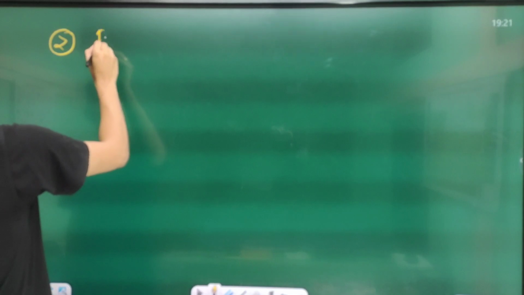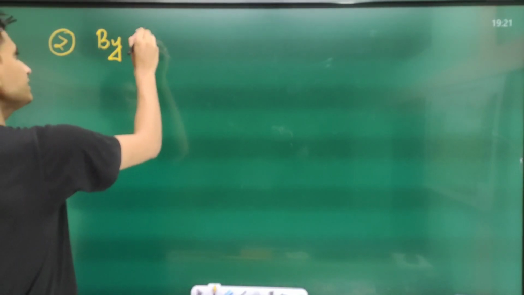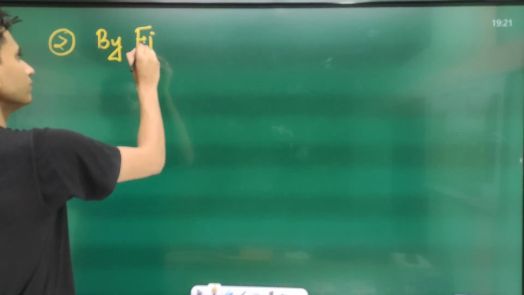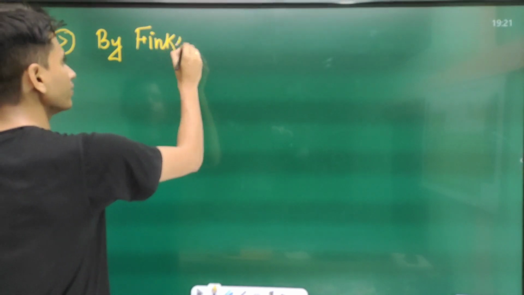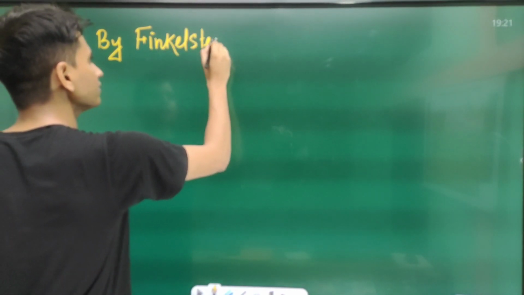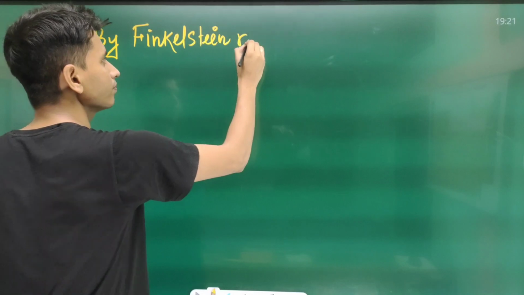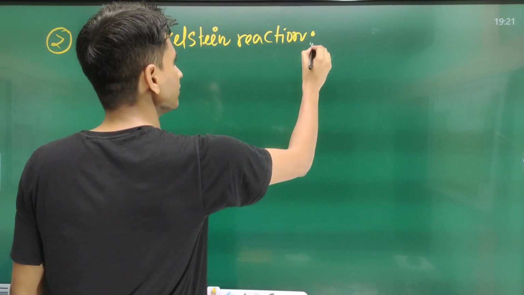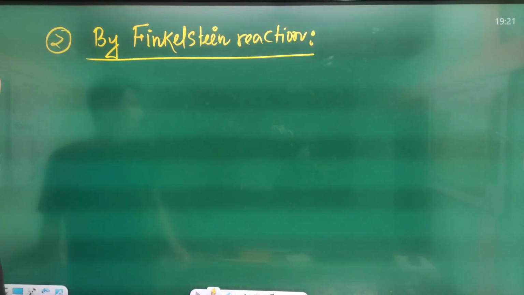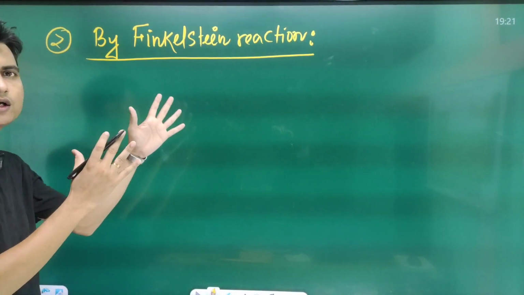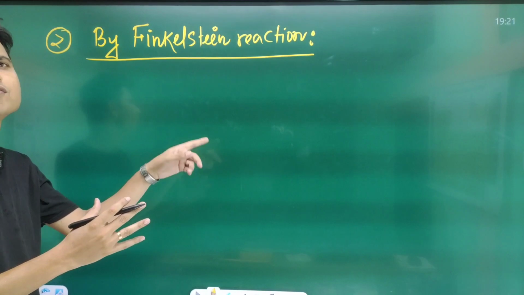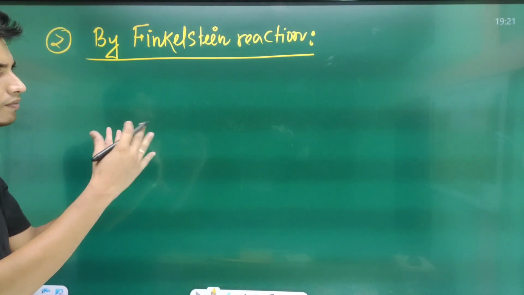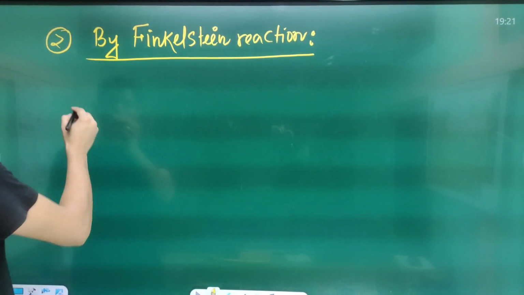Second preparation is done by Finkelstein reaction. Finkelstein reaction. Finkelstein prepared haloalkane compounds after the discovery of haloalkane or preparation of haloalkane.